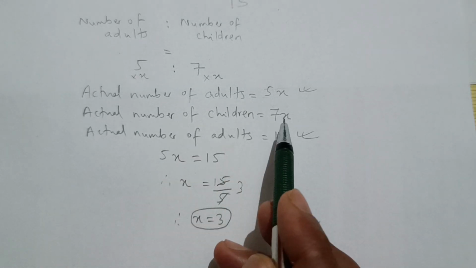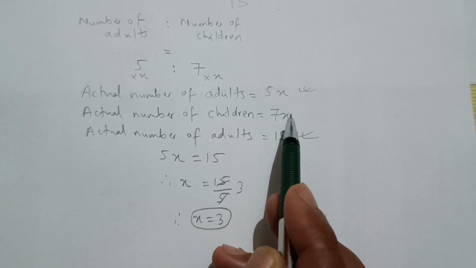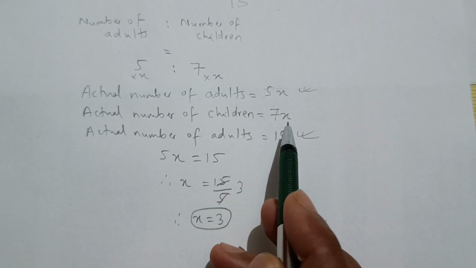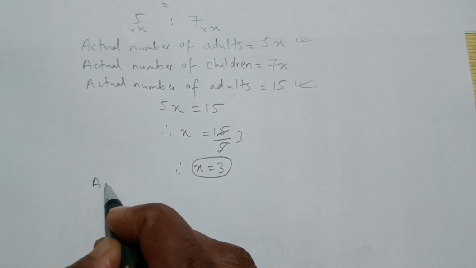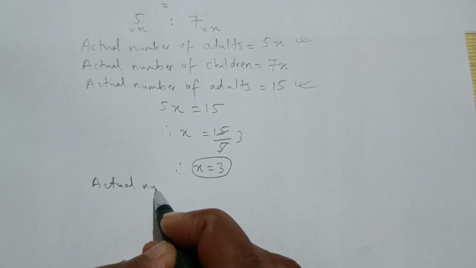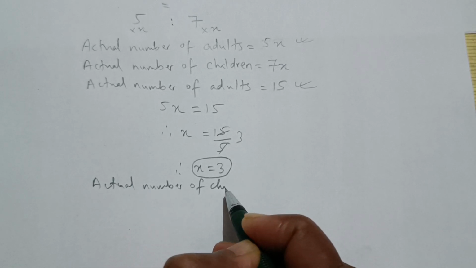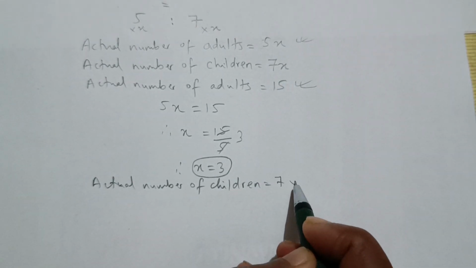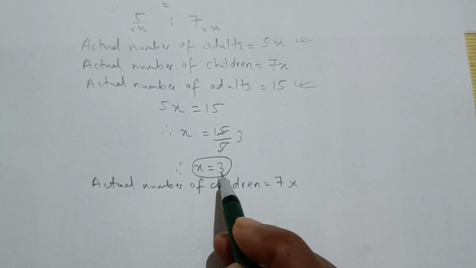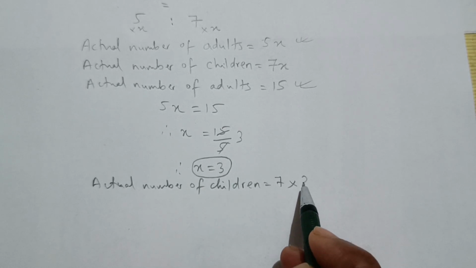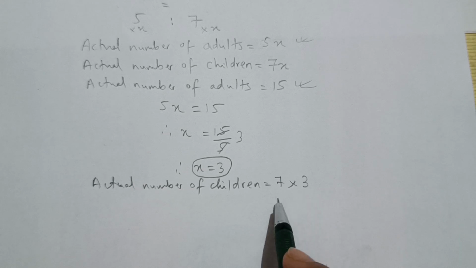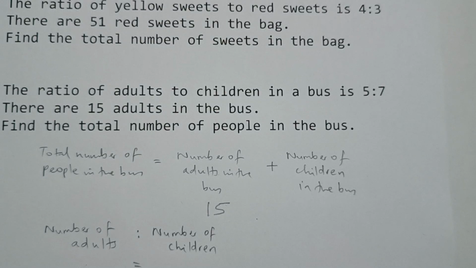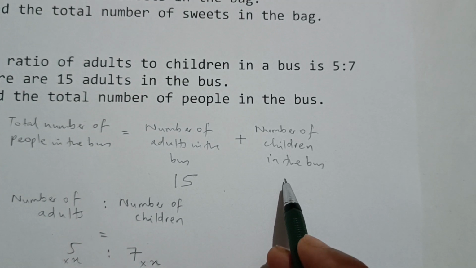So the actual number of children in the bus is 7 into 3, which is 21. So we have found the number of children in the bus. It is 21.